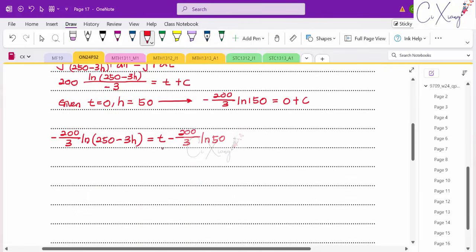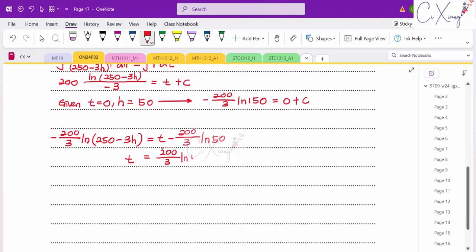To find the time t, I want to group all my terms on the other side first. So this one I bring over to the left and it becomes positive. Then if I factorize out the 200 over 3, I can rephrase my equation to become something like this: 50 divided by 250 minus 3h.